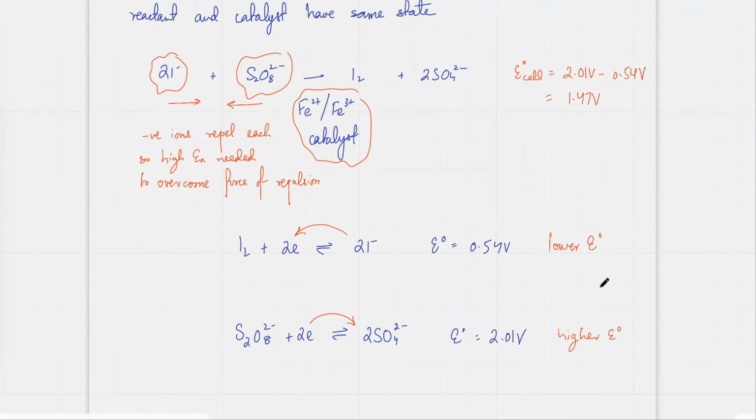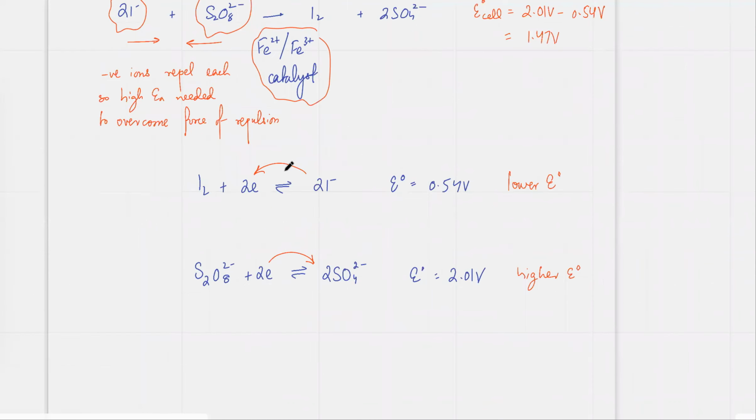Yes. So now the thing that happens is, because both ions are negatively charged, they're not meeting each other. So this electrode is not going to react with this electrode because both of them are negatively charged. So we're going to assume that the two electrodes are not going to react.